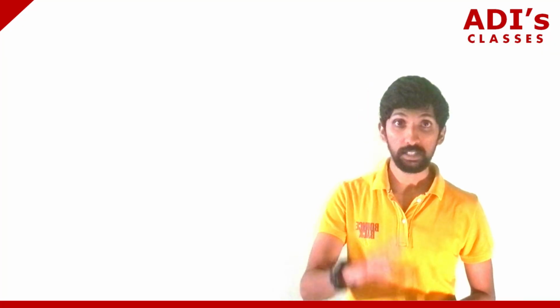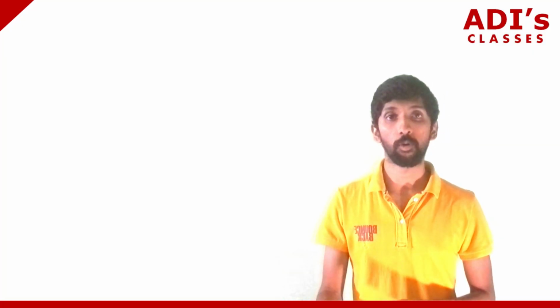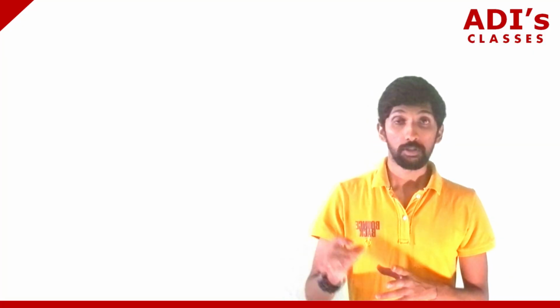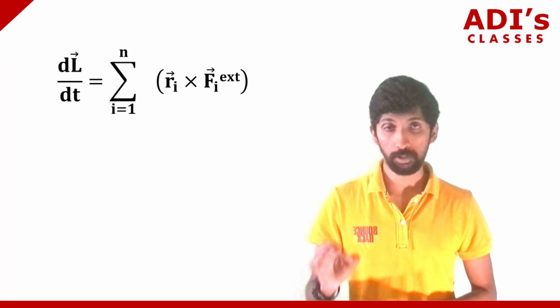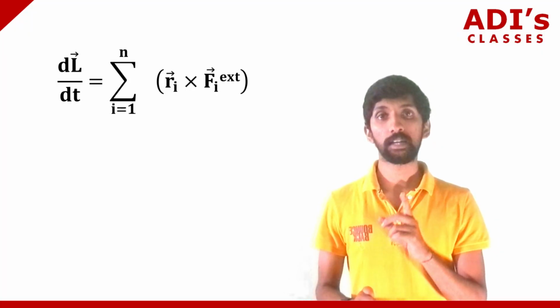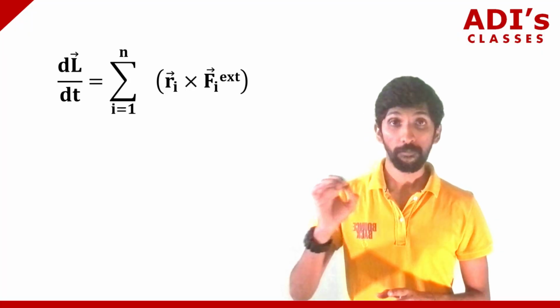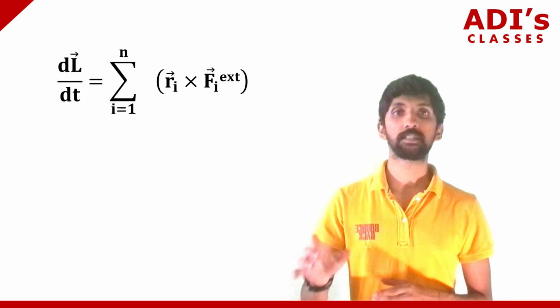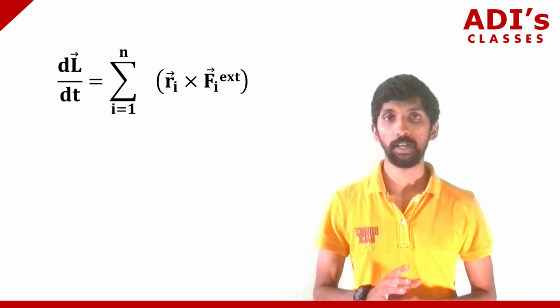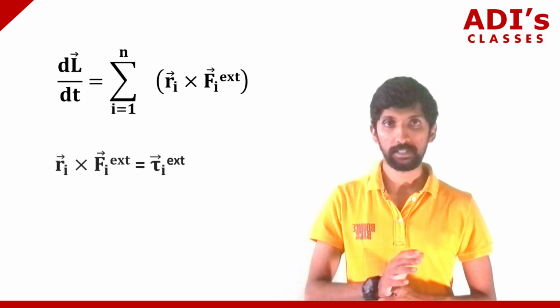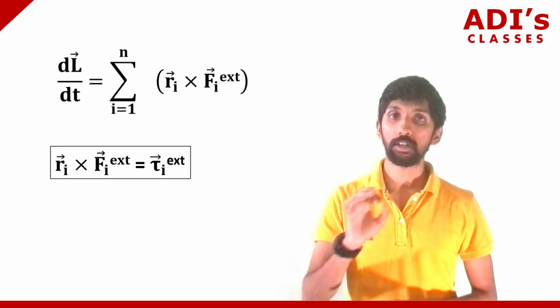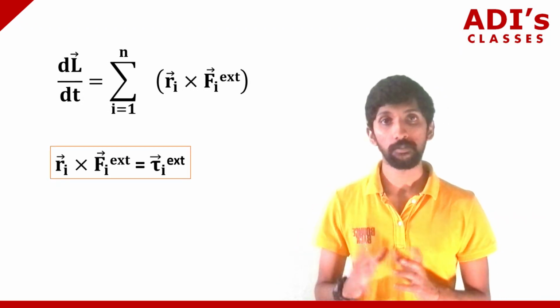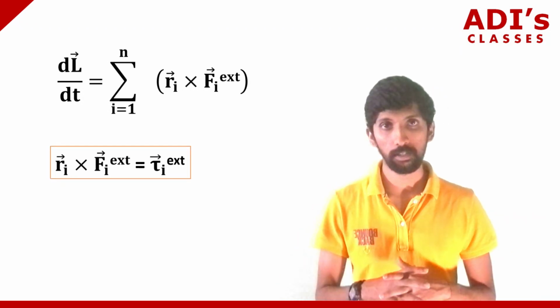Once this becomes 0, what do we have? Only the external force comes. So we have dL by dt is equal to sigma Ri cross Fi external, where i ranges from 1 to n. Ri cross Fi external is nothing but the torque due to the external force.